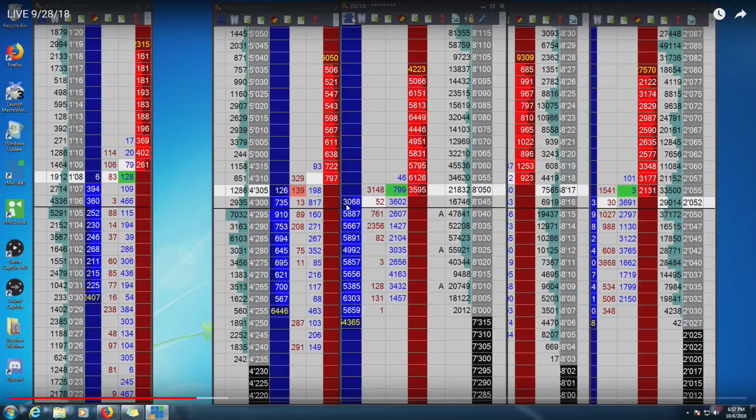Now, the downside of a limit order is you have to wait in line. You have to wait in a queue. And I do cover this in that DOM video. So if I trade one contract at this level, you'll see this go to 3,069. Okay, so 3,068 contracts have to be traded here before I get filled.